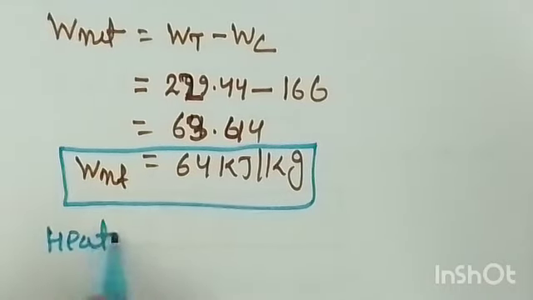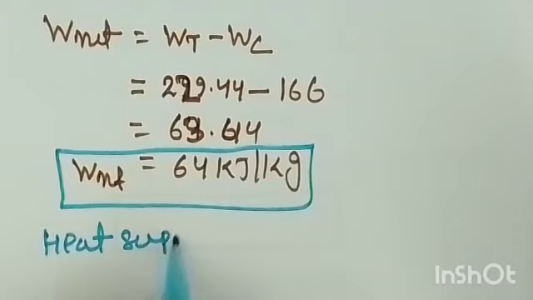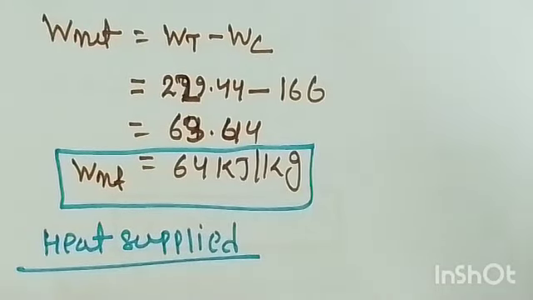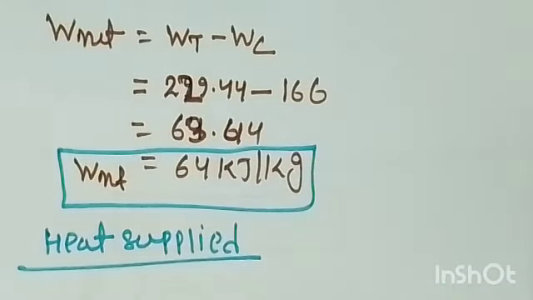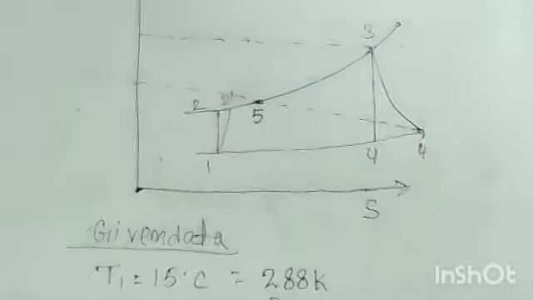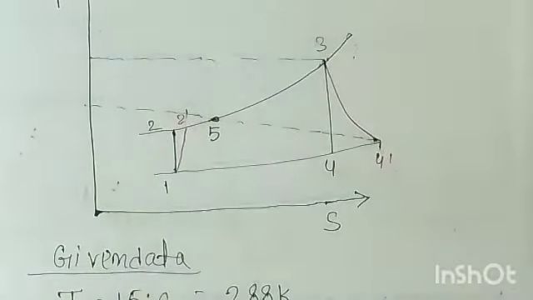That is the heat supplied. This is your input, heat supplied, right? So for finding the heat supplied, actually it is not a normal gas turbine, right? It's a regeneration. So in regeneration we have to see which temperature we'll use. Let me show you the TS diagram. So this is your TS diagram, right?